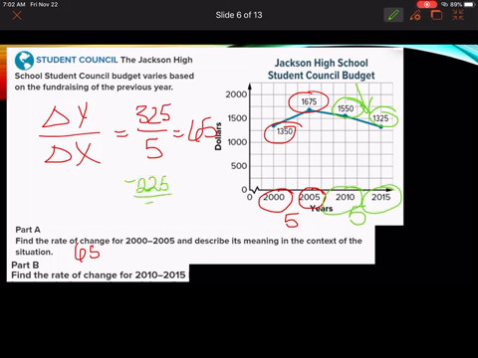Negative 225 divided by 5 is a negative 45. And then we want to compare these. So we would just say that from 2002 to 2005, we were increasing by 65. And then between 2010 and 2015, we were decreasing by 45.